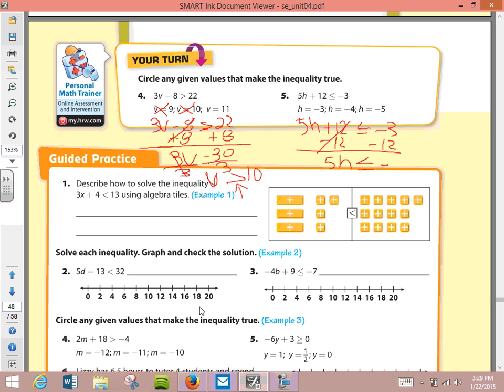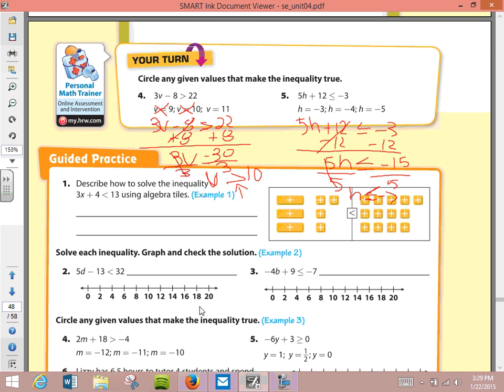It's negative 15, right? Because they're all negatives. 3 boys and 12 boys. That's 15 boys. Now what? Negative 3 is less than or equal to negative 3, right? So which one's the answer?